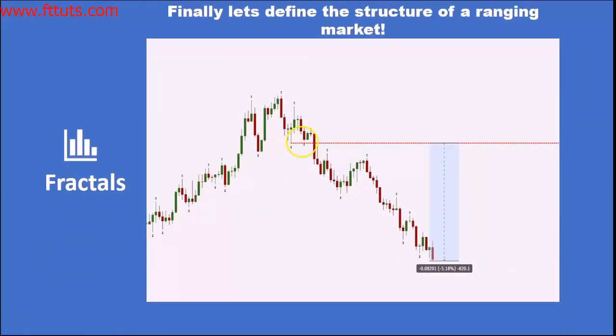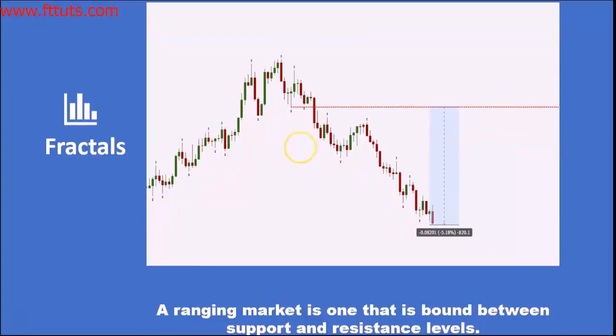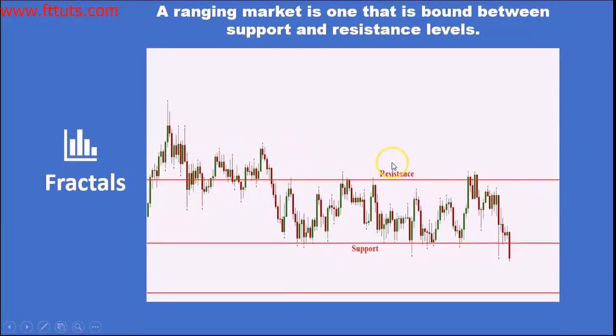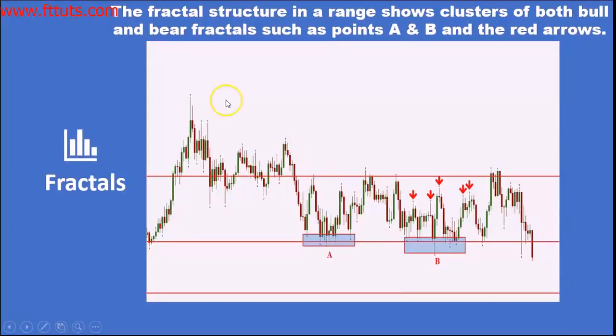All right. So let's now define the structure of a ranging market. A ranging market is one that is bound between support and resistance levels, as you can see here. The fractal structure in a range shows clusters of both bull and bear fractals, such as point A and B and the red arrows. So at point A and B, you see many fractals here, but then you see a bunch of fractals here broken in different areas and not really defining anything.